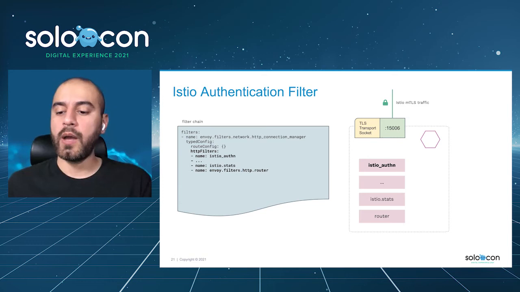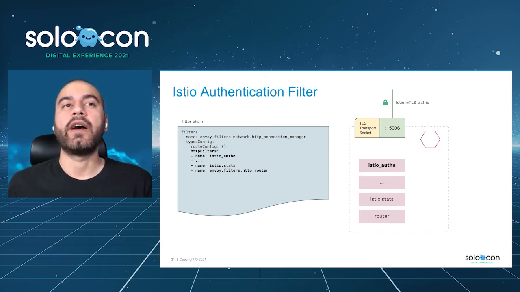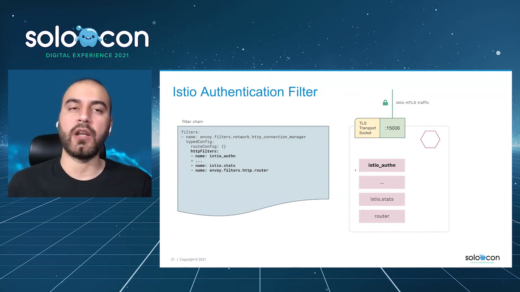When you have Istio mutual TLS enabled, which is pretty much always, you'll have this Istio authentication filter in your HTTP filter chain. In this case, where we have the Istio authn filter in our HTTP filters, as a request comes in, one of the filters that will process it at the HTTP level is the Istio authentication filter.